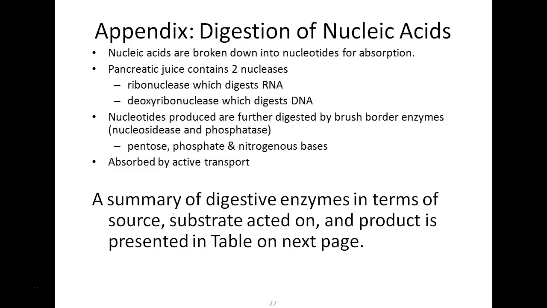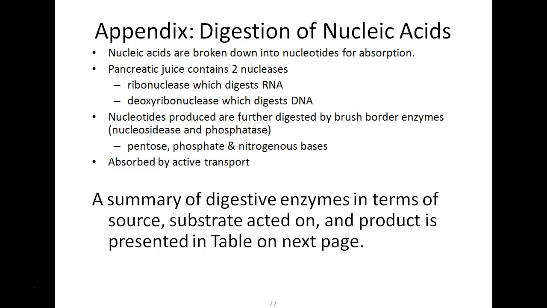As a sort of addition, we also have the ability to break down nucleic acids. Nucleic acids are handy for the body as well, even though we do not see them on a foodstuff nutrition facts label. So these nucleic acids get broken down into individual nucleotides for absorption. So when we say nucleotides and nucleic acids, perhaps you know that we're talking about things like DNA and RNA.